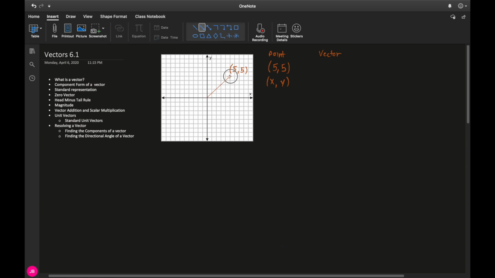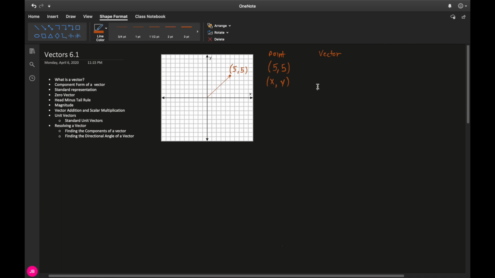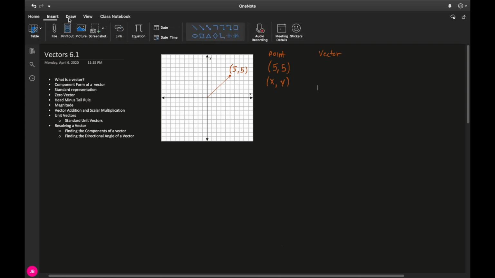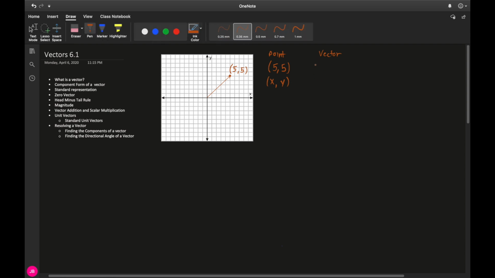And so an arrow from the origin to this point represents a vector. And to denote that that's a vector, we're going to use these vector brackets. So there's a difference between using parentheses and these vector brackets.